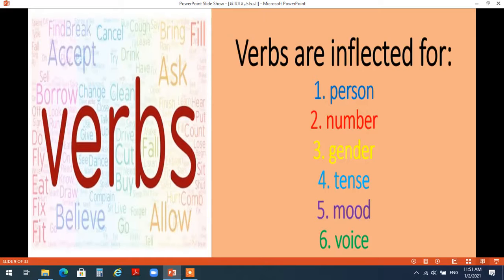So these are the categories which affect the verbs. هذه هي الكاتيجوريز أو الفئات التي تؤثر على الفعل وتجعله يخضع لبعض التغييرات المعينة.